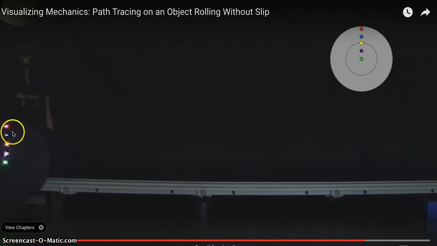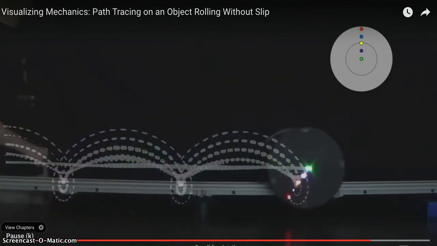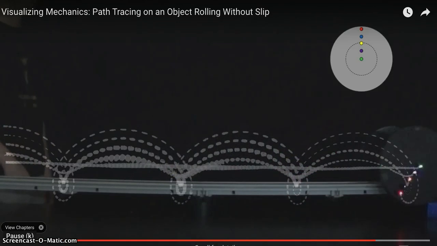Basically, we're looking at, over here in the lower left-hand corner, the path of different lights on a tire, in a sense, or on a circular moving object. So we've got red, blue, yellow, purple, and green, and we'll see what the path is like. What I want you to observe is the location. Let's take a look real quick. So there's the spread of lights.